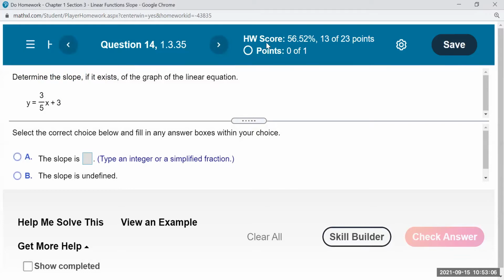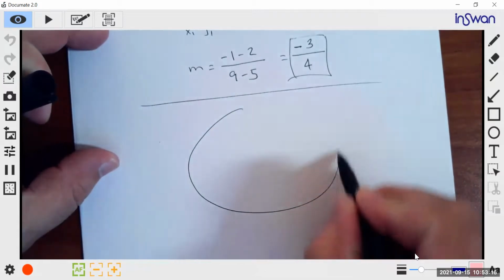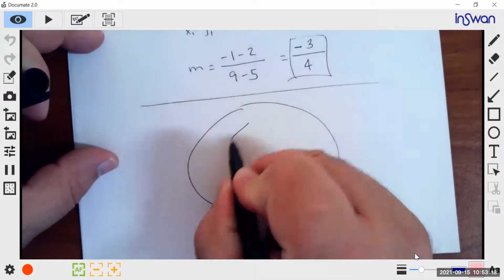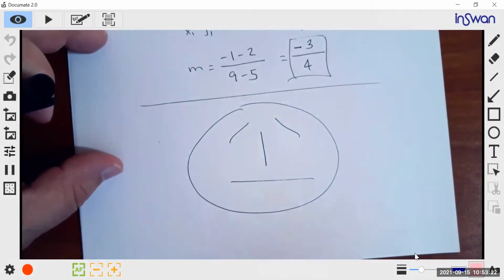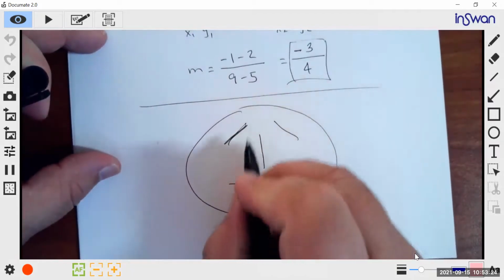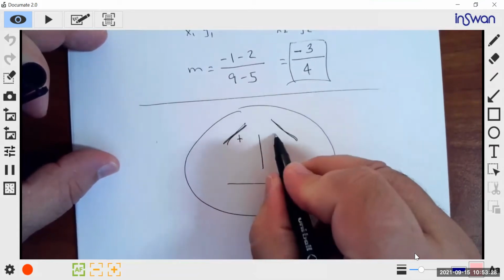Well, let me review that for some of y'all who weren't here when I first talked about slope face. Slope face tells us the slopes of lines. If it goes up to the right, it's positive. If it goes down to the right, it's negative.